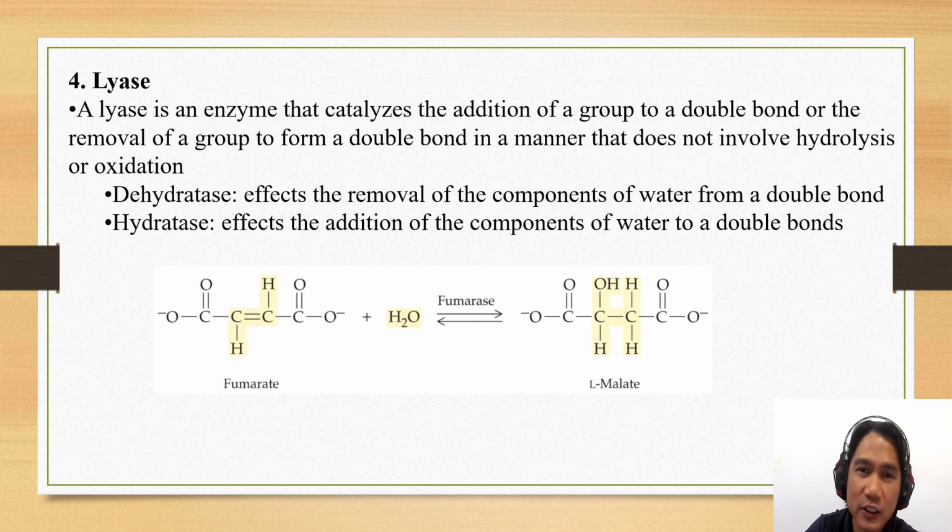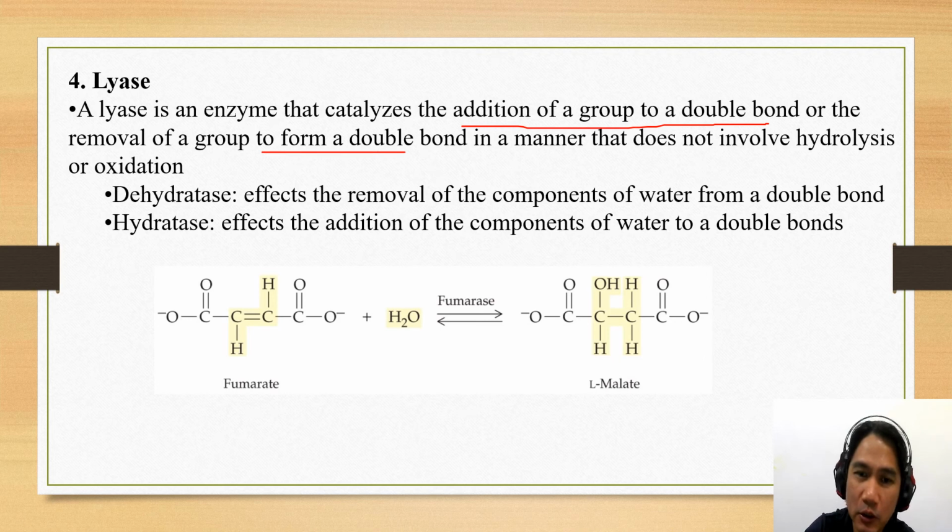The next group is lyase. This group of enzymes catalyzes the addition of a group specifically to a double bond, or the removal of a group to form a double bond.